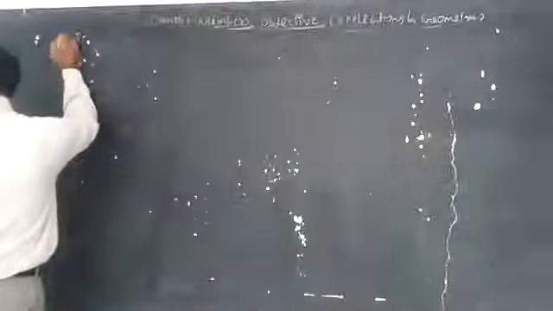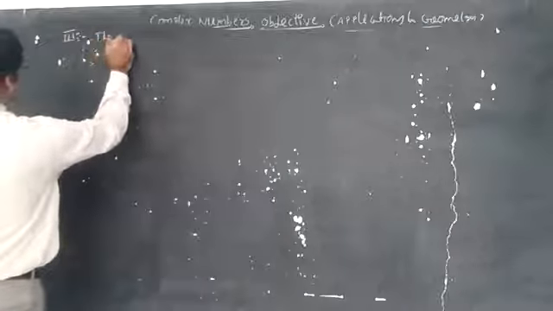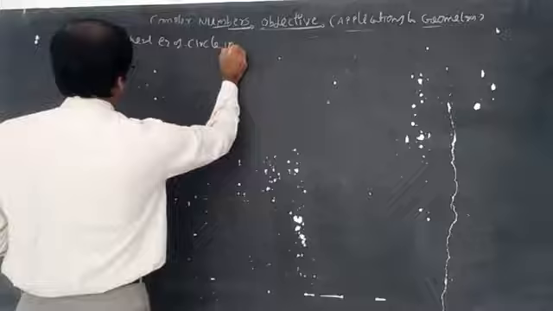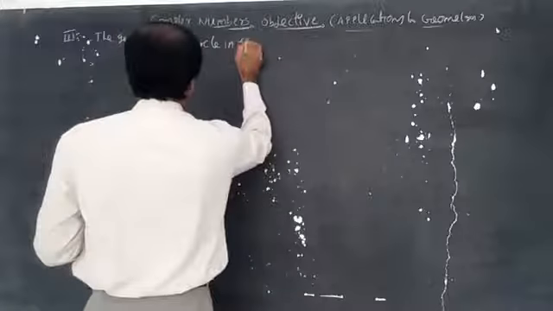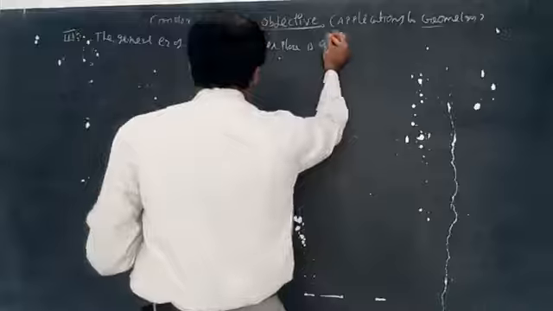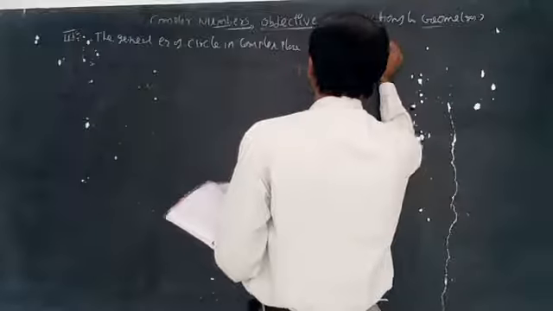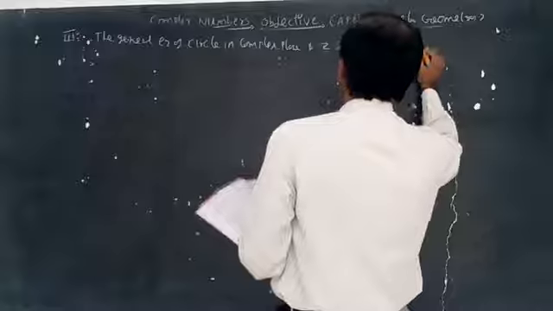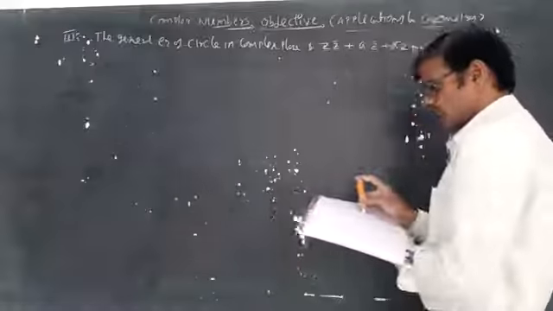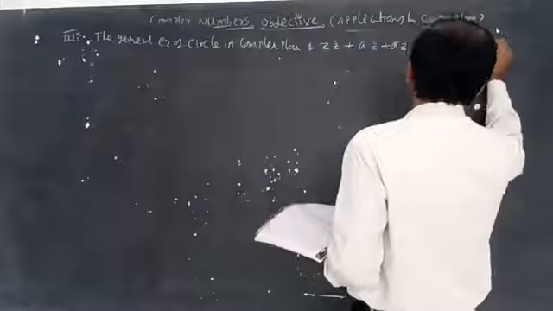Let us discuss the equation of a circle, its center and radius. The general equation of a circle in the complex plane is z z bar plus a bar z plus a z bar plus b is equal to 0, where b is a real number, b belongs to R, so b is any real number.